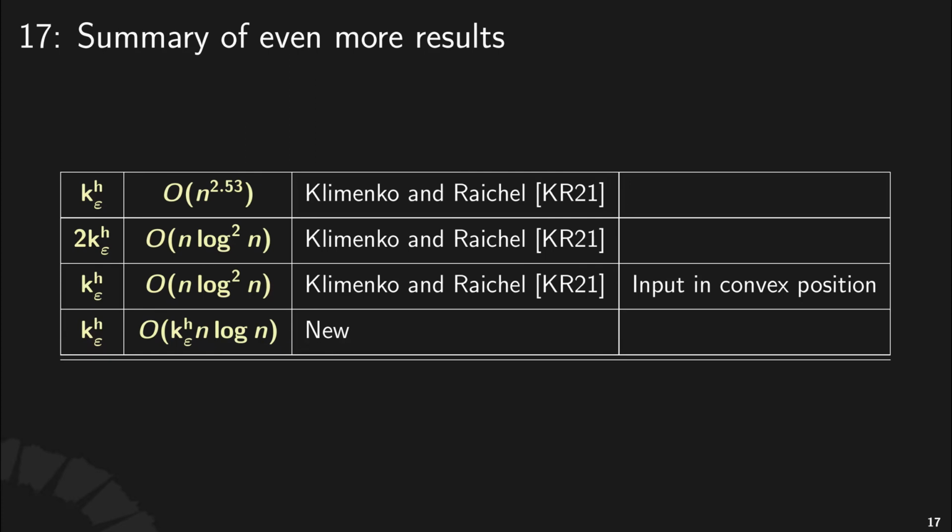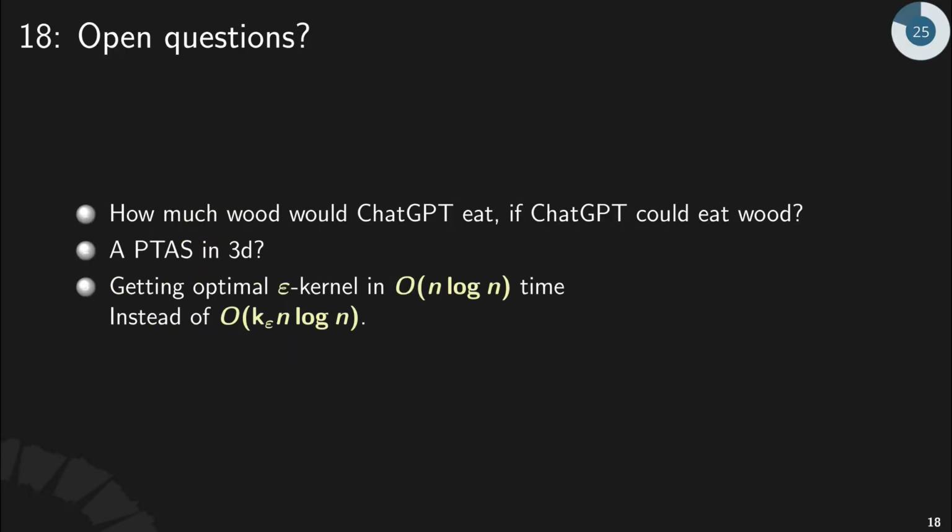Notice that this Hausdorff problem has an easy two approximation from previous work. So if you want just a two approximation, the previous work might be good enough for you.